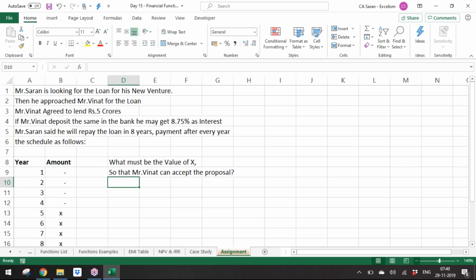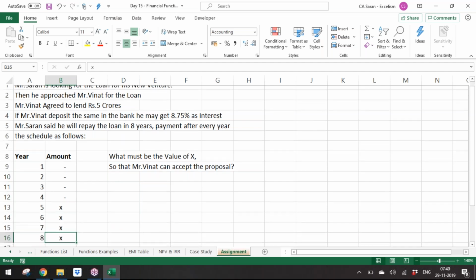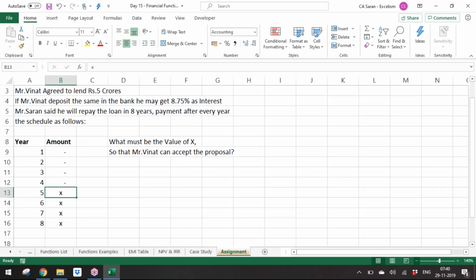Let's say, Vinat, I'm asking this question to you. When will you accept this proposal? Now what we need to do is calculate the X value. Then we need to put the NPV for this entirely.